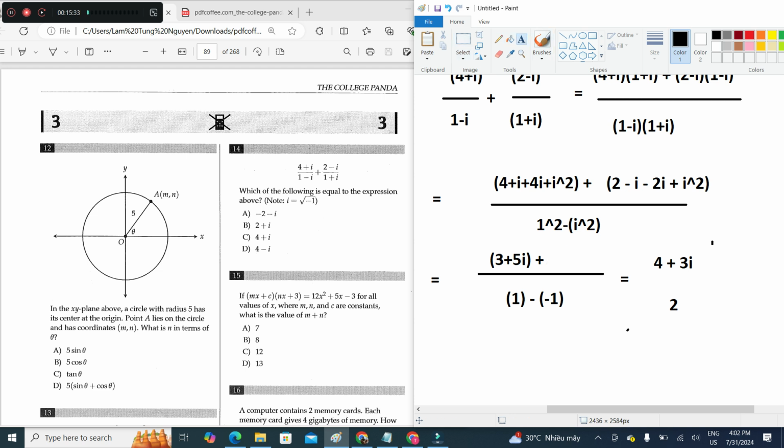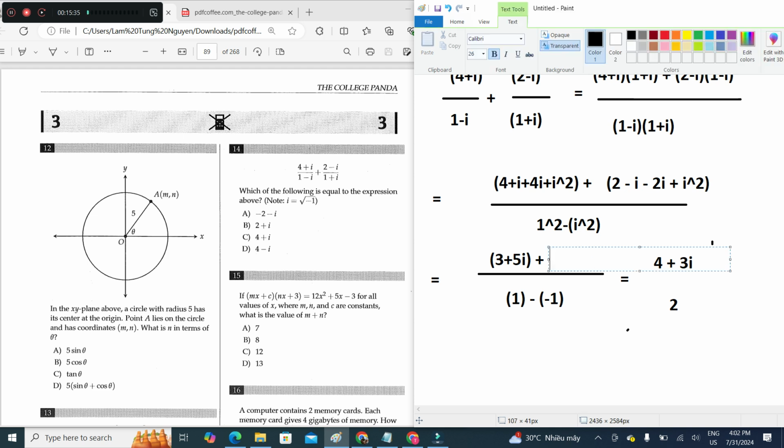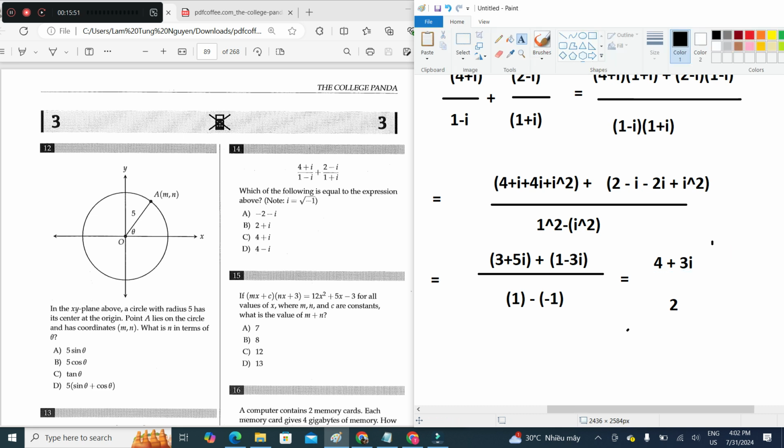So this is gonna come to 2 and minus 1, so 1 minus 3I. 3 plus 1 is 4, 5 minus 3 is 2, so 2I here.